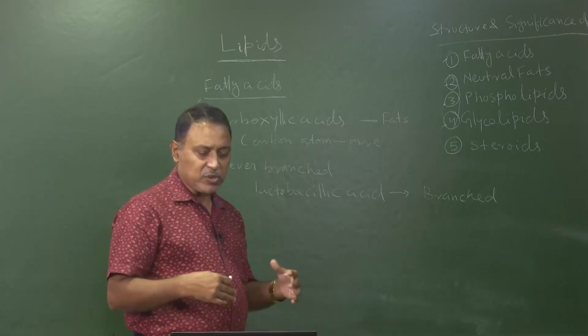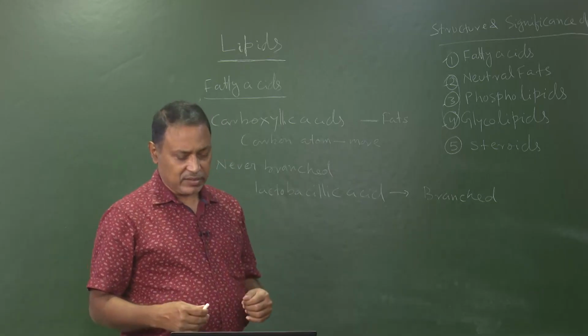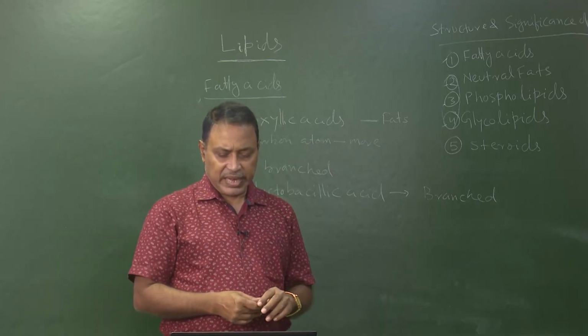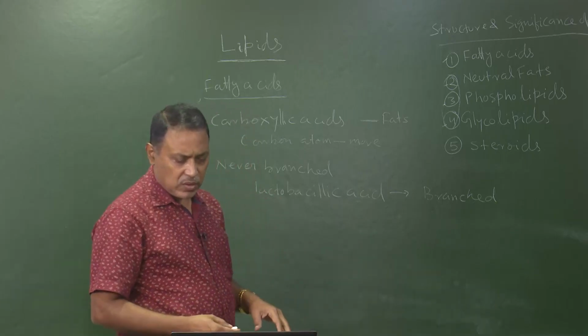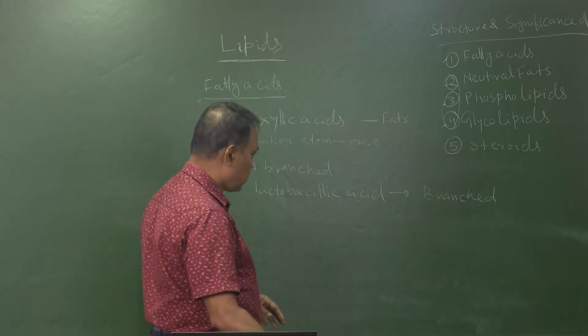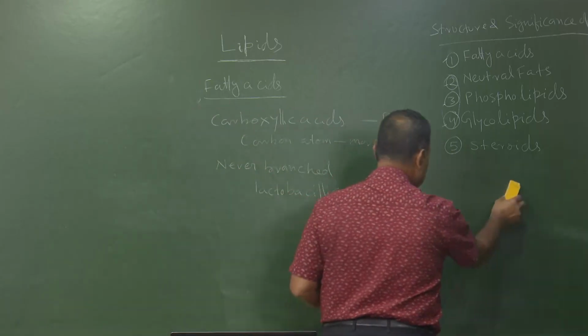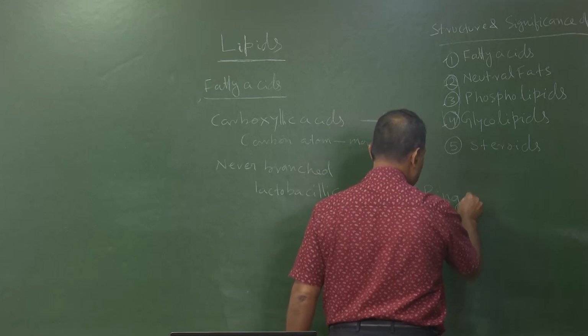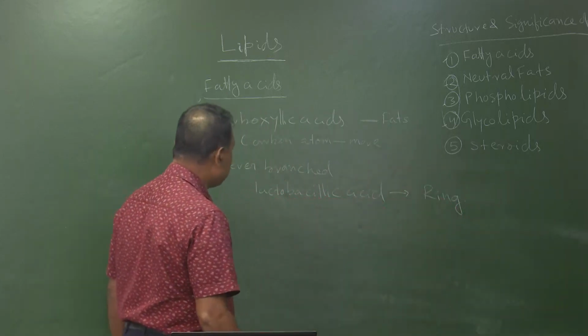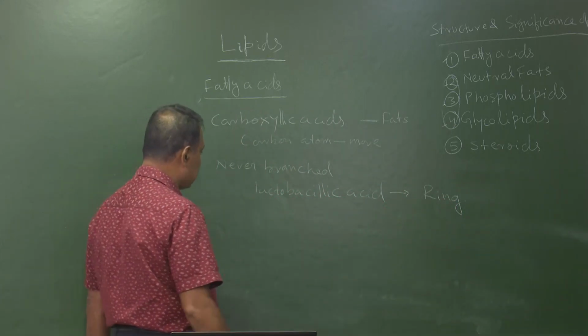I will come to this structure aspect later on. Sorry, here it is not branched. Here there is a ring. We will find a ring to be present in this lactobacillic acid.